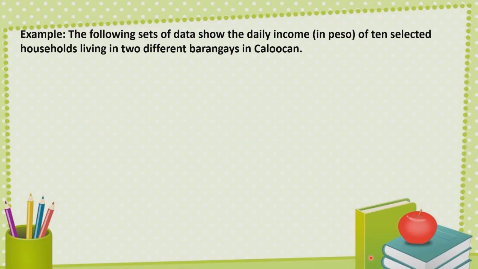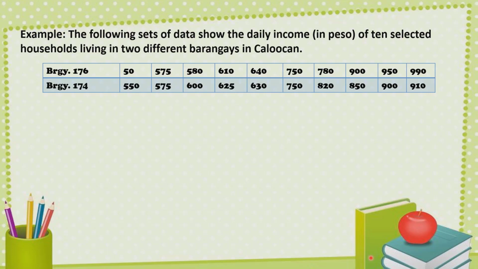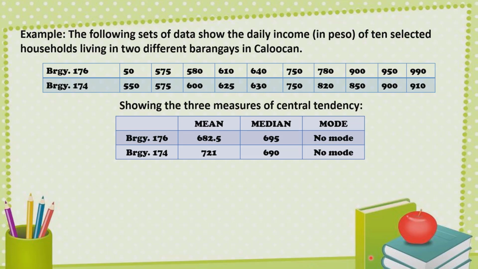For example, the following sets of data show the daily income in peso of 10 selected households living in 2 different barangays in Caloocan, namely Barangay 176 and Barangay 174. Showing the 3 measures of central tendency, we have the mean, median, and mode.